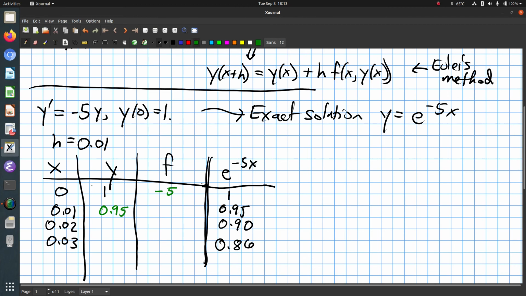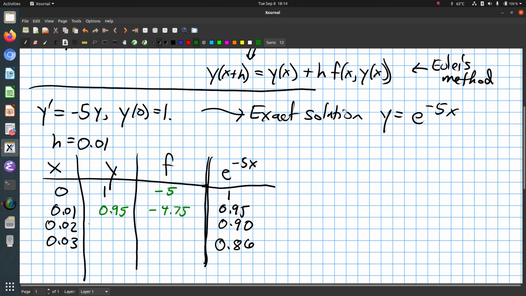All right, so continuing along. We want to fill out the next entry, so the third column, second row, this place here. That is minus 5 times the corresponding y value. So minus 5 times 0.95 gives us minus 4.75.